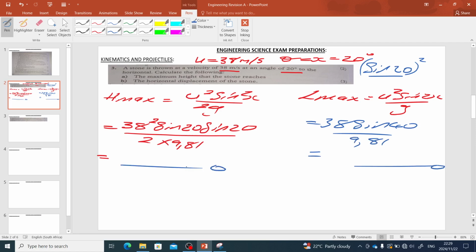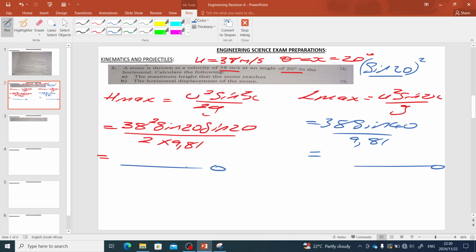our height would be 38 squared multiplied by sine 20 multiplied by sine 20. Like I said, if you don't know how to, you might as well repeat it twice.